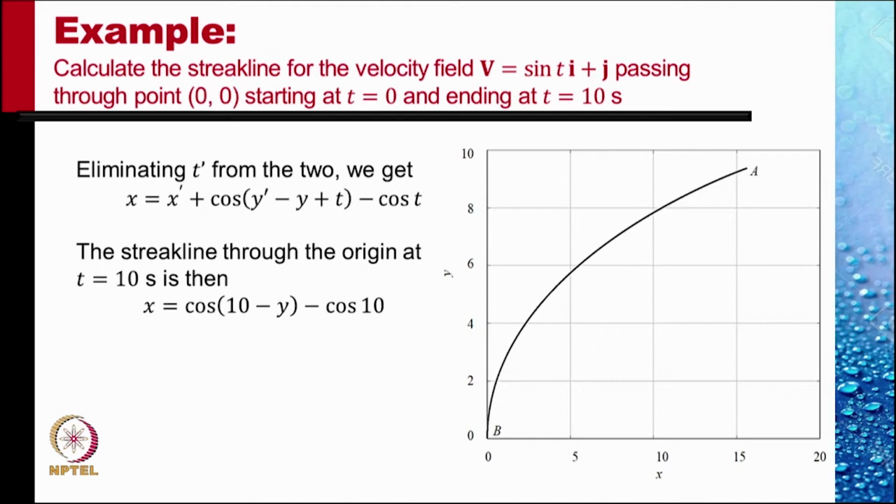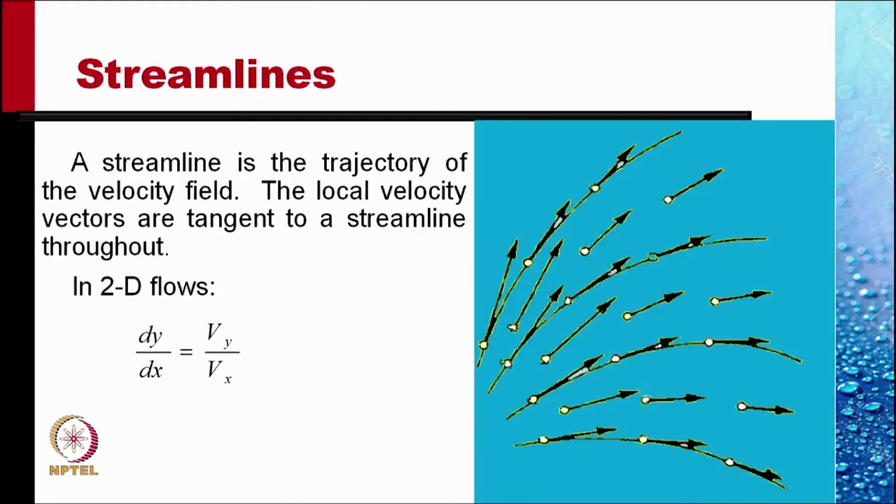The third important concept in graphical description of the flow is a streamline. Streamline is a trajectory of the velocity field, much like the trajectory of a magnetic field or an electrical field. The local velocity vectors are tangent to a streamline throughout the flow field.